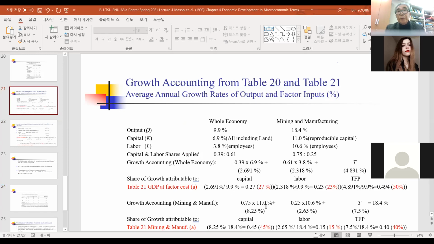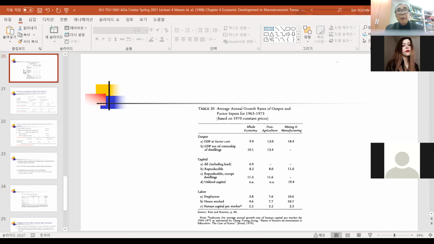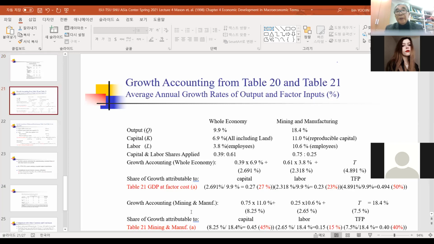75% was given to the capital growth rate for mining and manufacturing. Am I true? Mining and manufacturing capital grew 11.0%. Let's go back, make sure. Mining and manufacturing here? Yes, 11.0%, reproducible assets. Right? Okay. Where did I get 10.6%?